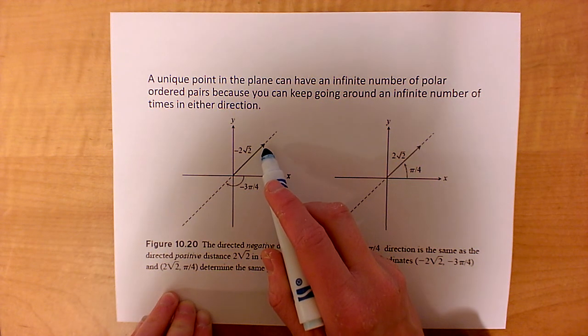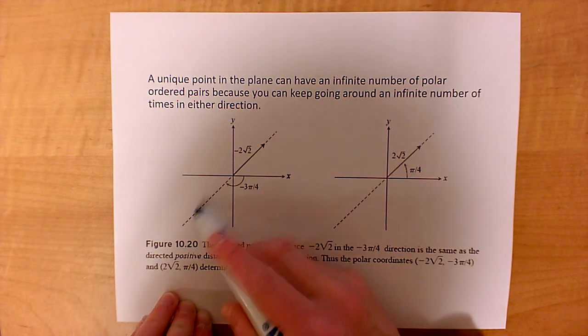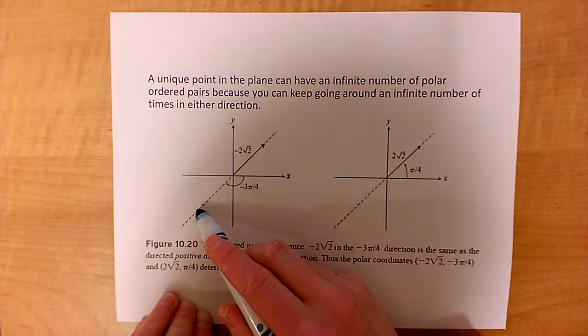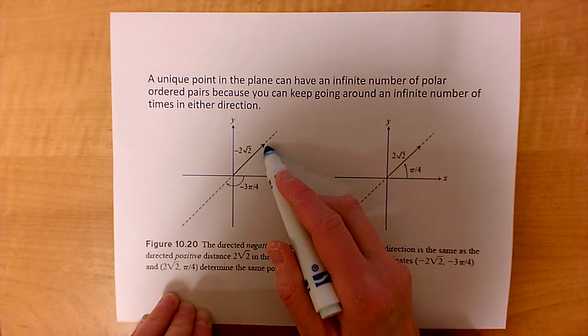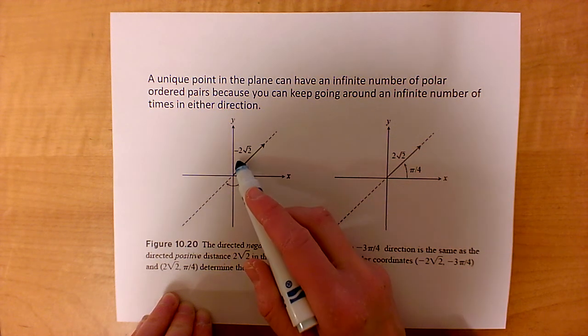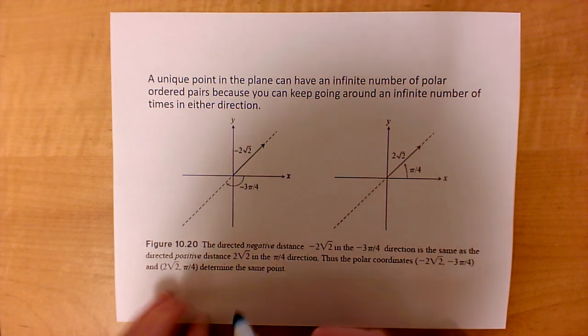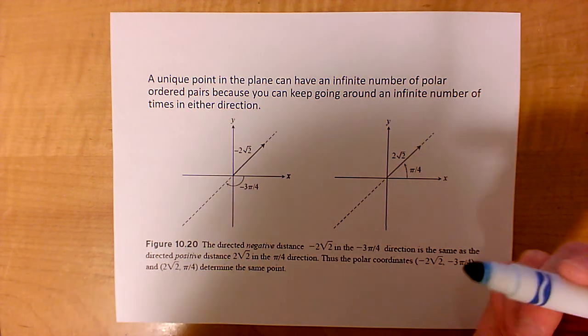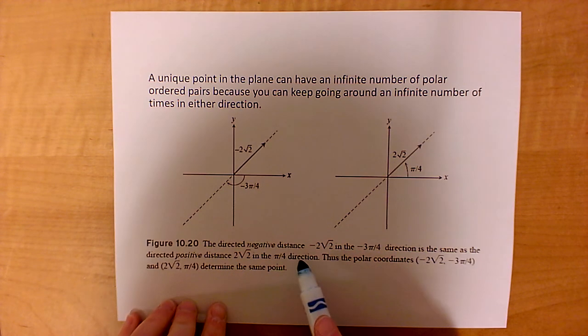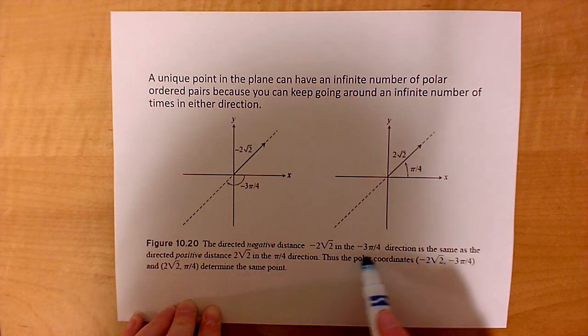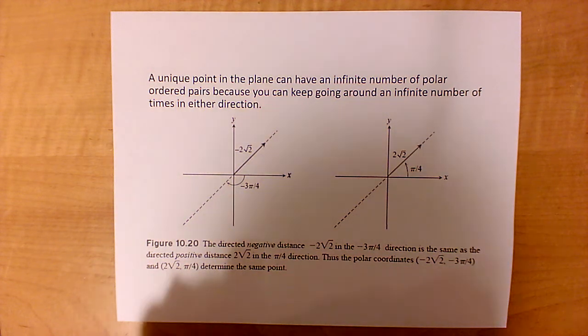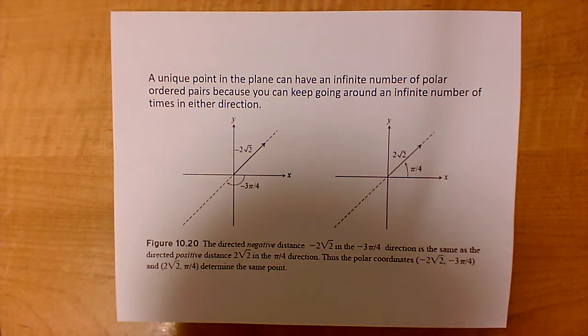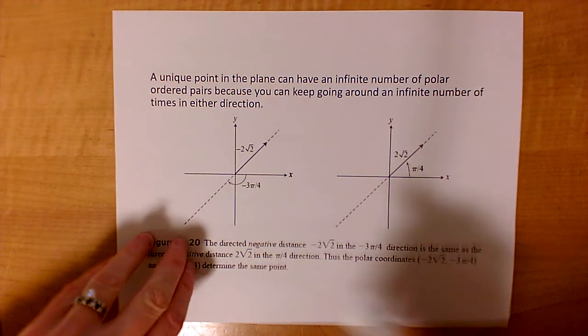Now, if we were to flip it over, but we were still talking about this point, then that would be negative 2 root 2, because we're going in the opposite direction to that point. So we've got a directed negative distance of negative 2 root 2, and then if we go that way, our angle becomes negative 3 pi over 4, okay? So we can have positive and negative distances, but that's going to change our angle. And so we'll do some examples with that.